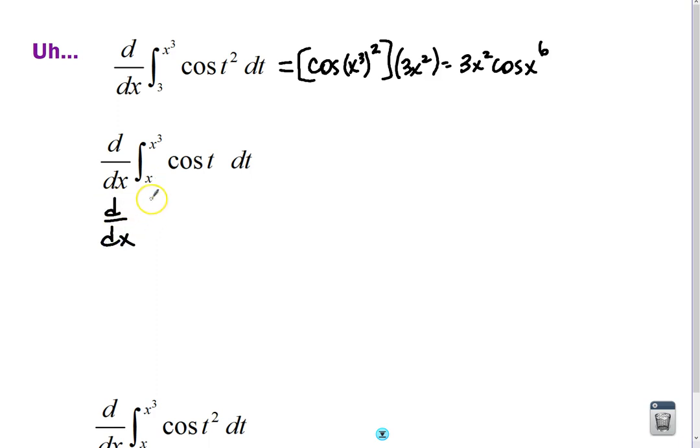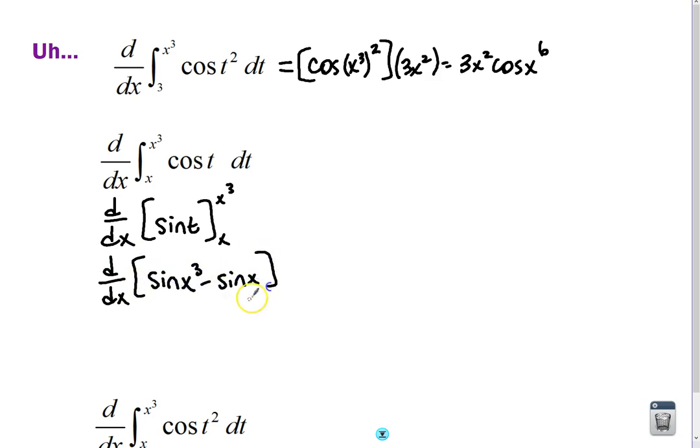The antiderivative of cosine is sine, so I've got d dx of sine of t from x to x cubed. So d dx of the sine of x cubed minus the sine of x. Take the derivative: 3x squared cosine x cubed minus the derivative of sine, which is just the cosine of x.